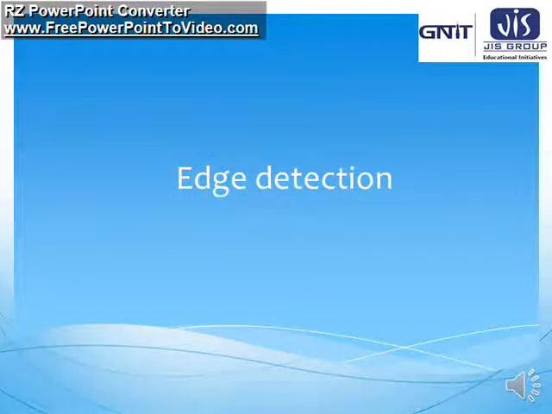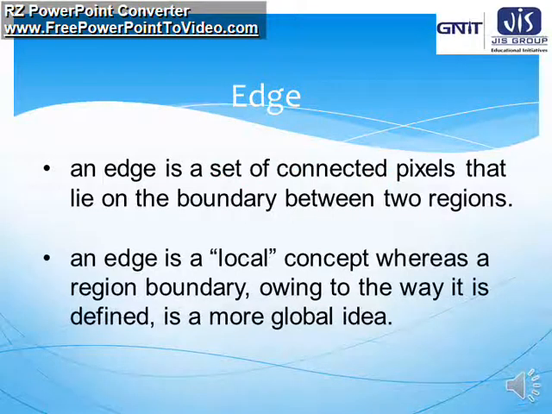Today we will discuss edge detection. Before that, in the previous class we have studied what an edge is, why edge detection is required, how we can detect the edges, and different applications of edge detection techniques.